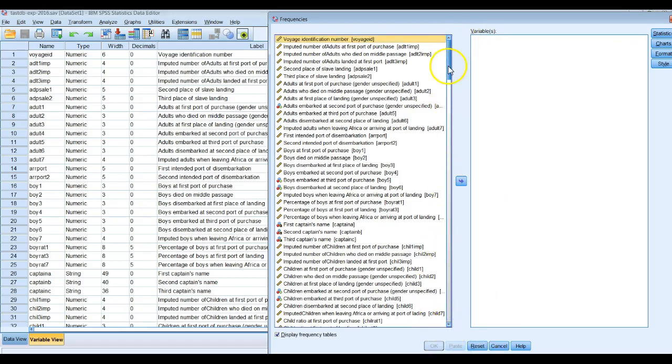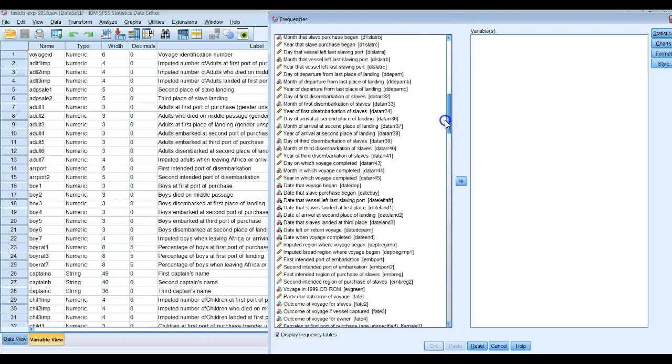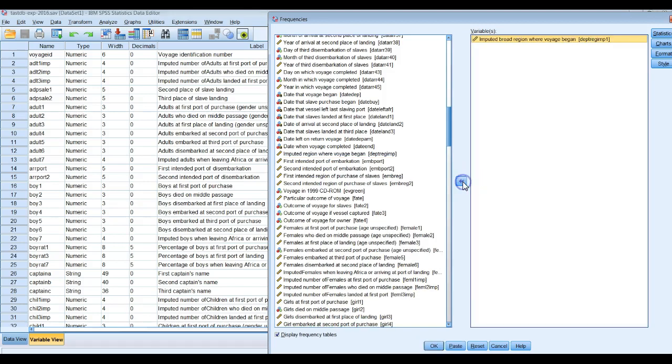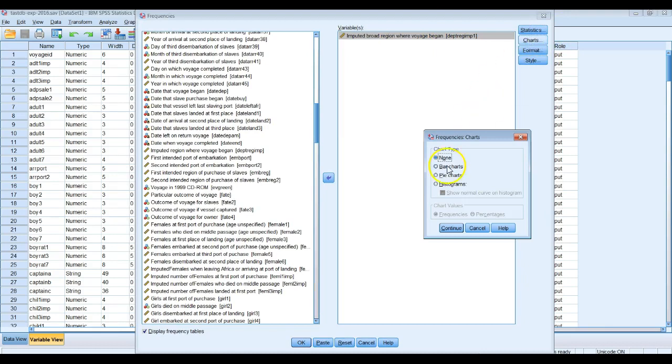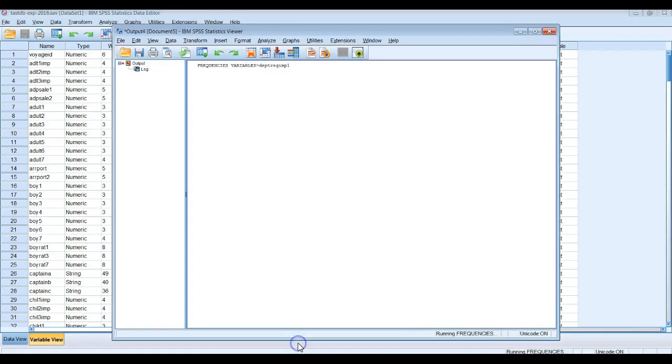It's DEPT region IMP1. So we're just going to take the variable we're interested in, move it over. We would like to see a bar chart. That'd be nice. And let's look at the percentages on it. So click Continue and click OK.